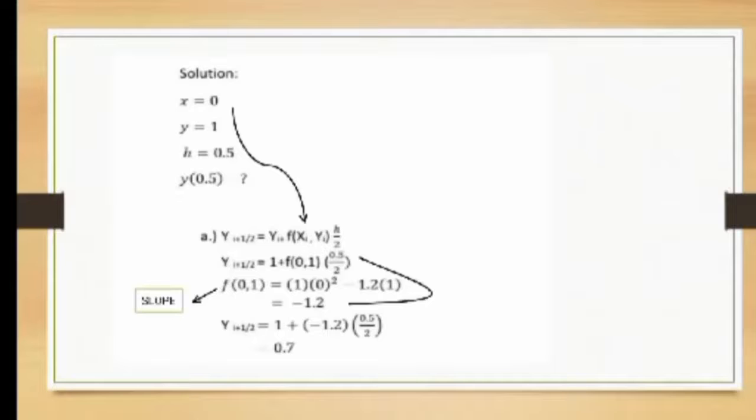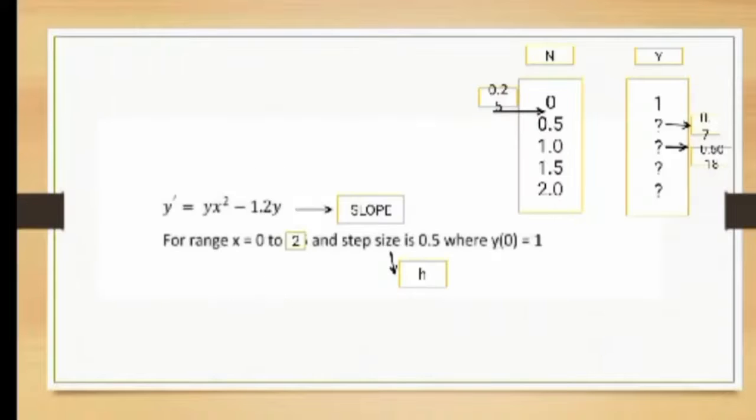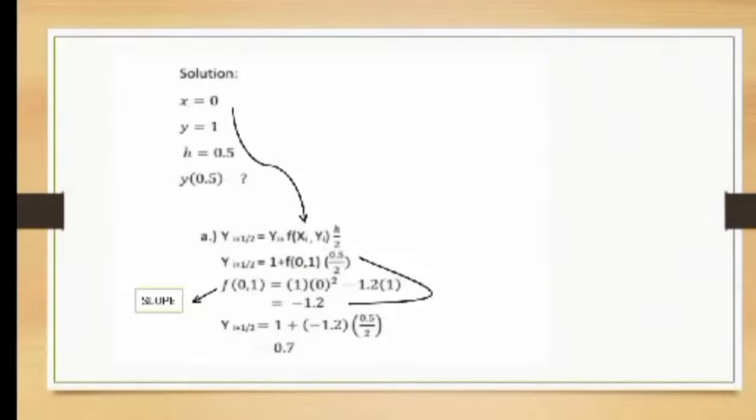So the value of yi is 1. f of 0, 1 equals 1 times 0 raised to 2 minus 1.2 times 1 equals negative 1.2. So that is the slope.